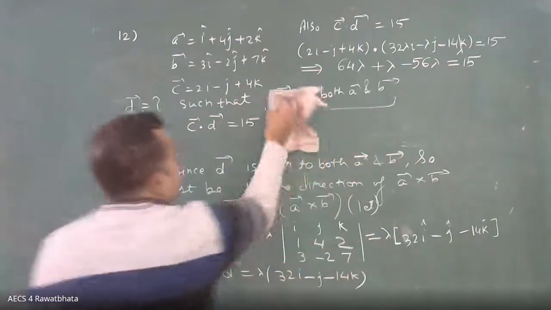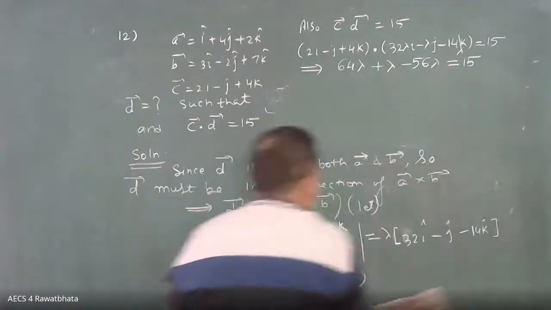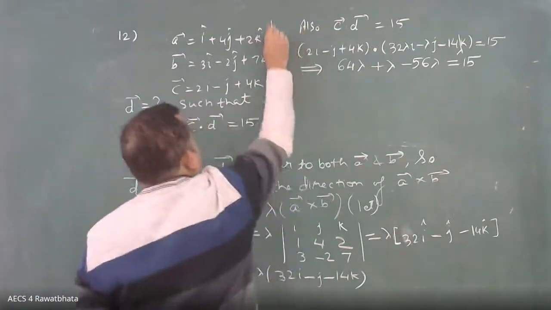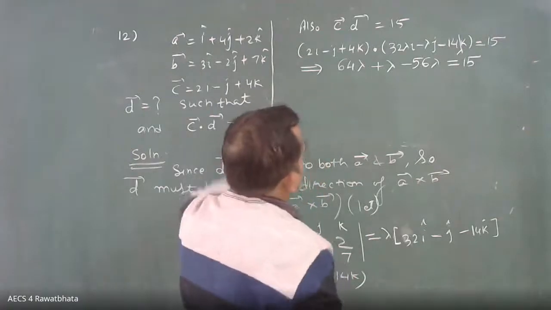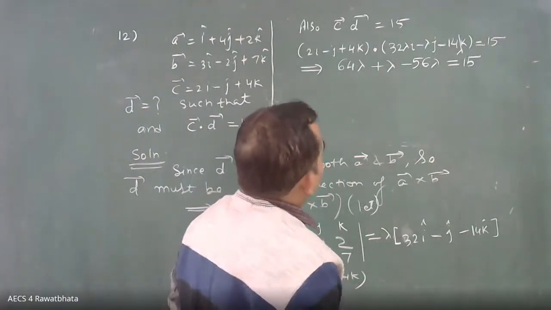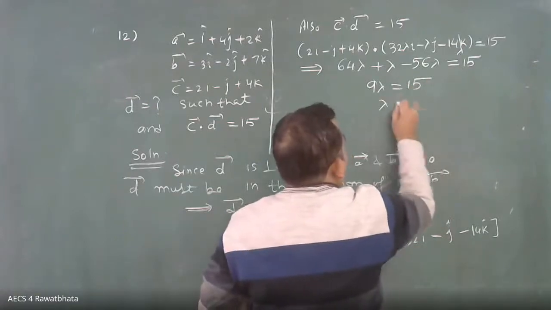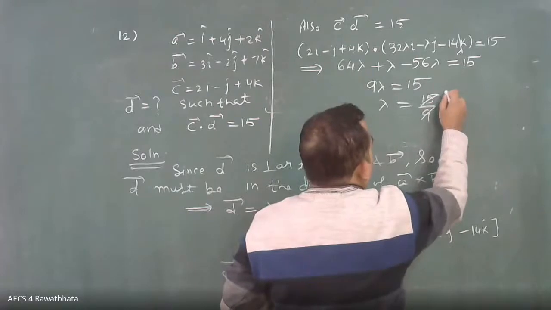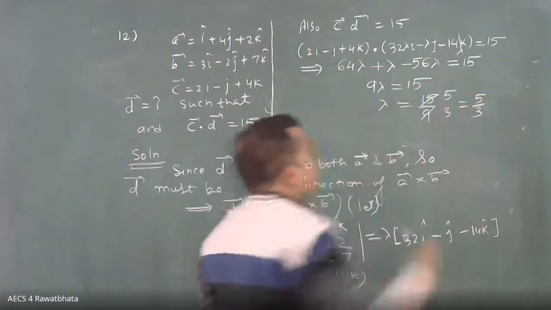Now let's solve it and get the value of lambda. If you solve it, this is going to be 65 minus 56, how much? 9. Check the value of lambda, students. Lambda is 5/3.